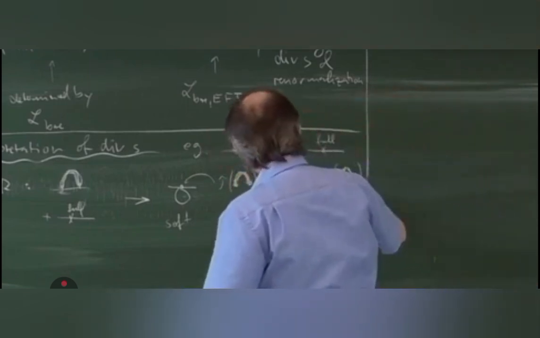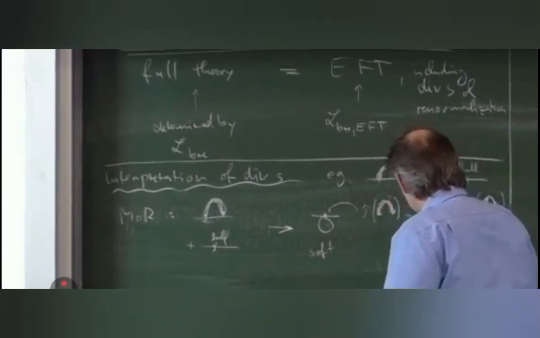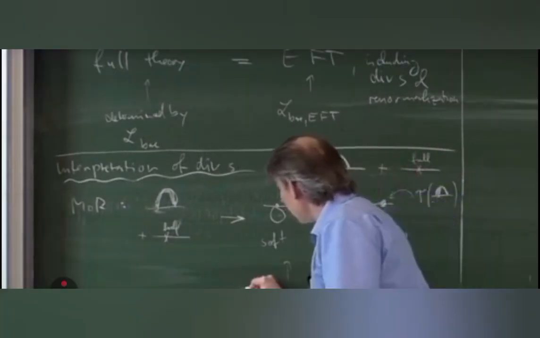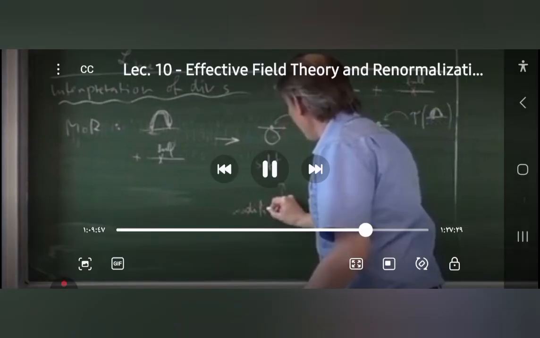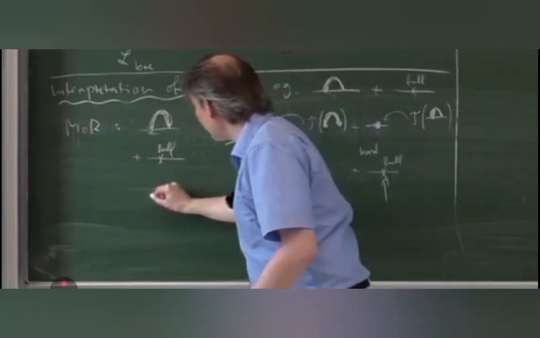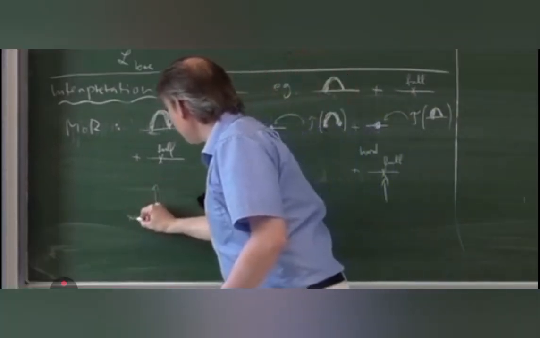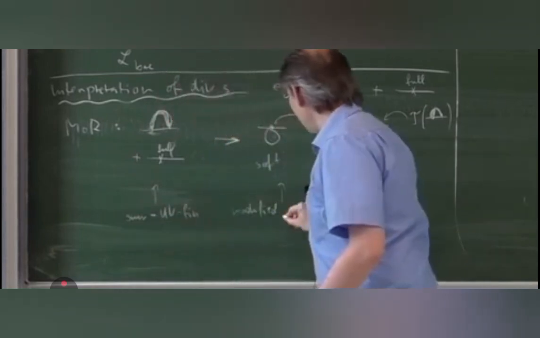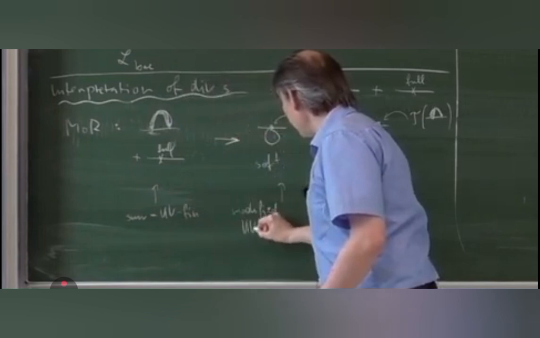So how can we write this? Let's say modified. Okay, let's start here. The sum is UV finite. That has a modified UV divergence.